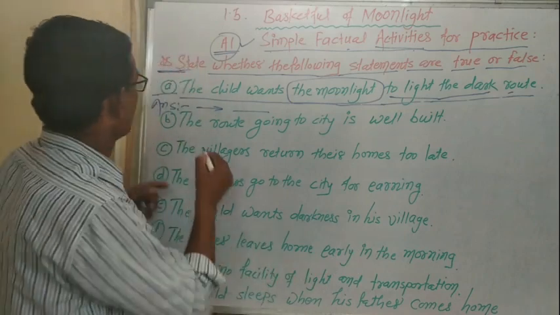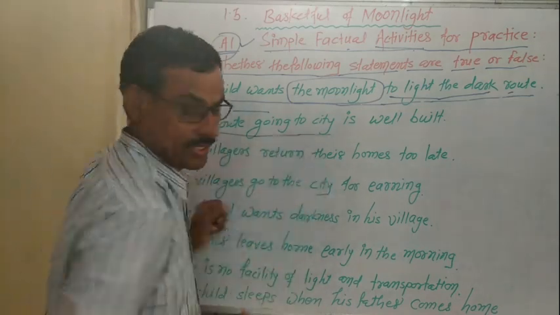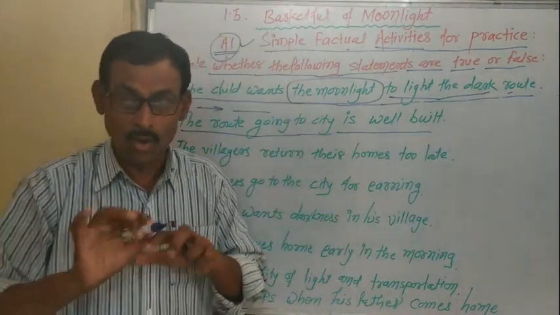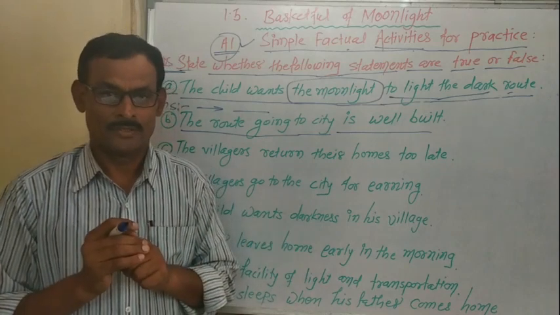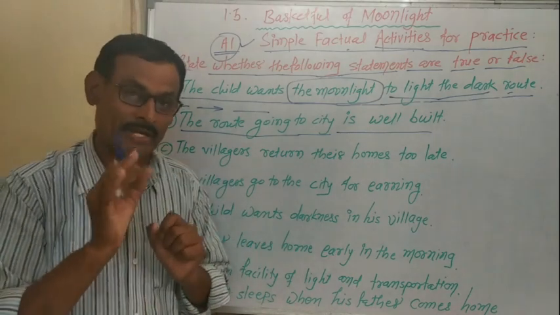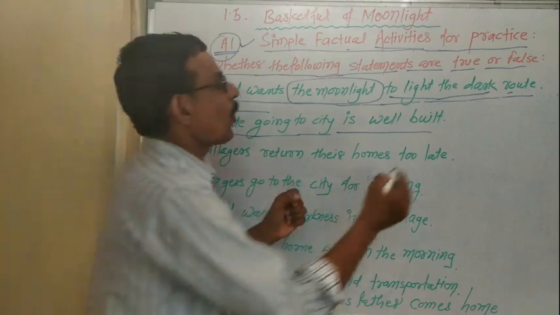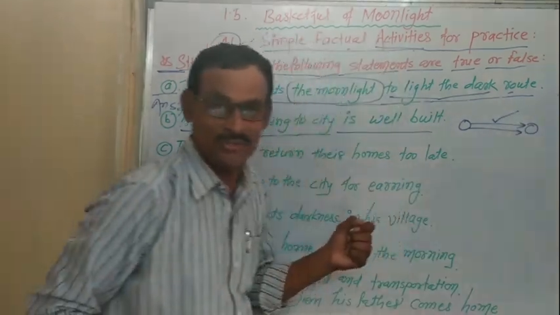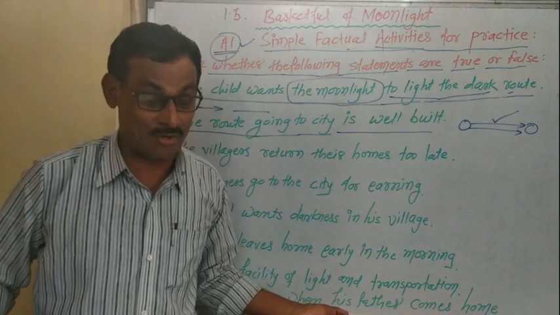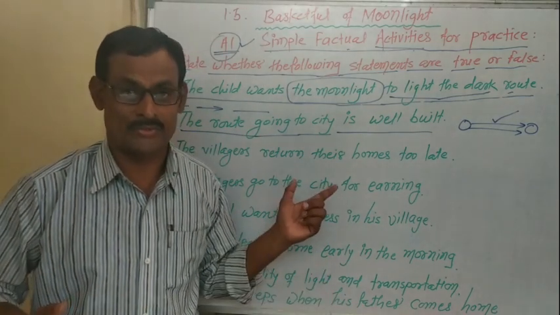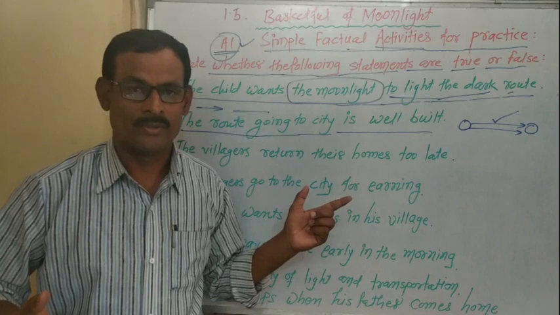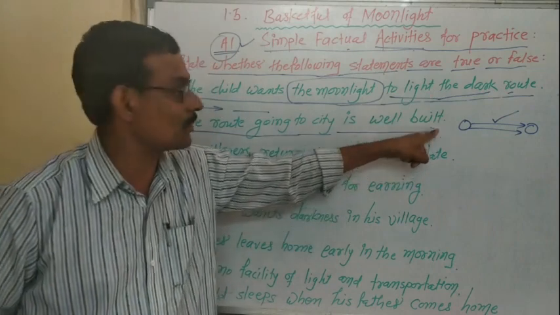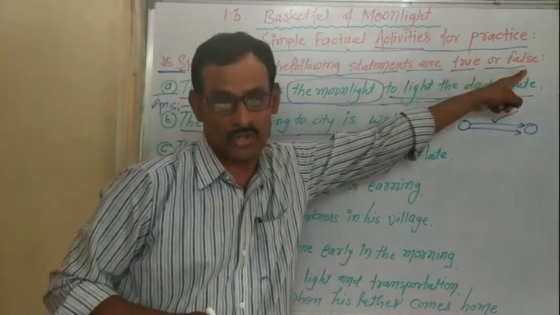Next one. The route going to the city is well built. Well built means, okay, good enough. The statement states that the road between the city and the village is good. I don't know whether it is good or not now, because yesterday I told you. It is well built. You have to go through the poem and find out whether the statement is true or false.